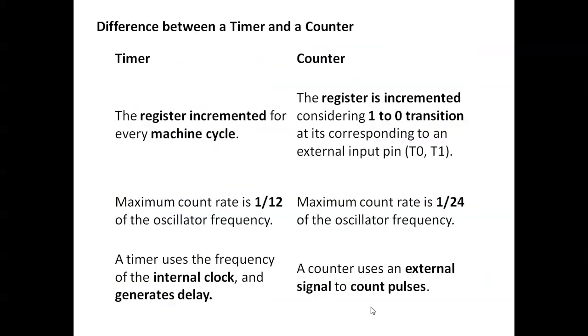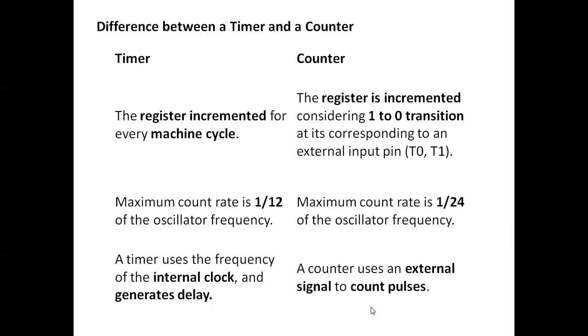So what's the difference between timer and counter? The timer register is incremented for every machine cycle, and the counter register is incremented considering a 1 to 0 transition corresponding to an external input pin.